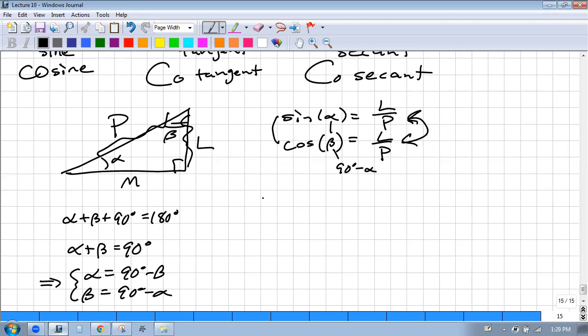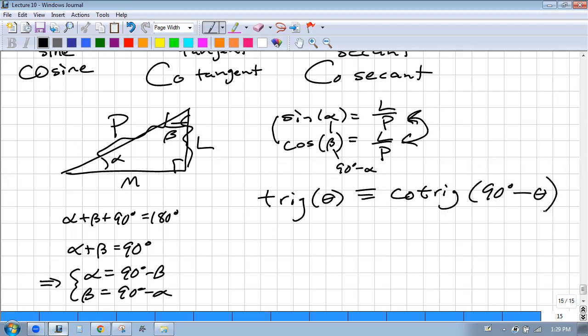So what we're saying here is take any trig function of an angle, it's always going to be cotrig of the other angle in the triangle. That's why they're called cofunctions. When you switch to the other angle, you just switch to your cofunction. So this is a useful identity, right? This helps you switch between sine and cosine. You just switch the angle to the other angle in the triangle. So it always is 90 minus that angle.